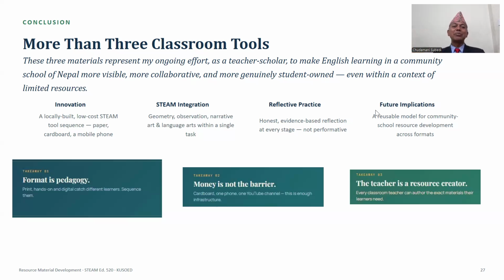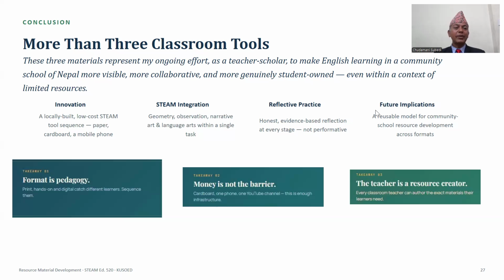STEAM integration: geometry, observation, narrative art, and language arts within a single task. Reflective practice: honest, evidence-based reflection at every stage, not only performative. Future implications: a reusable model for community school resource development across formats.